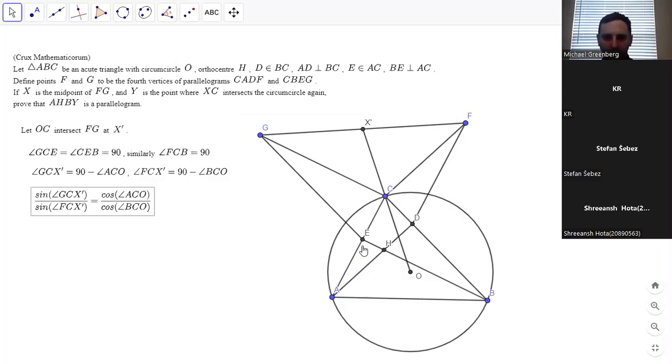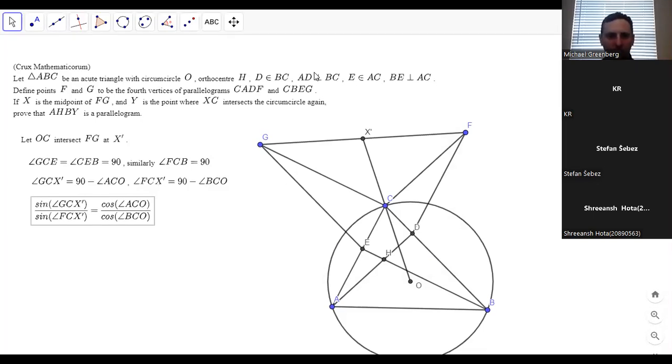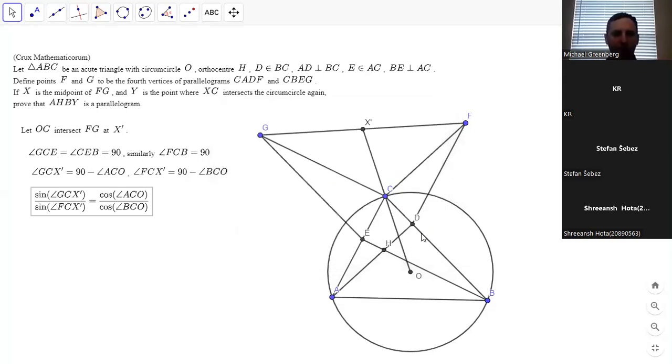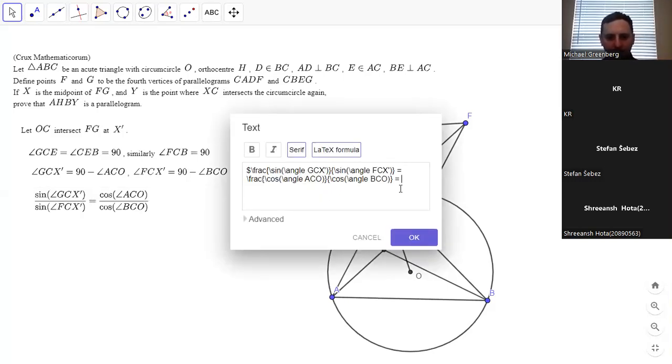So cosine of ACO, that's AC over 2 over R, over OC, and then BC over 2 OC.